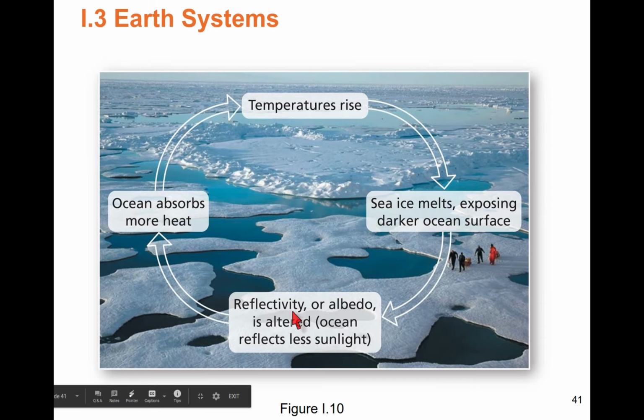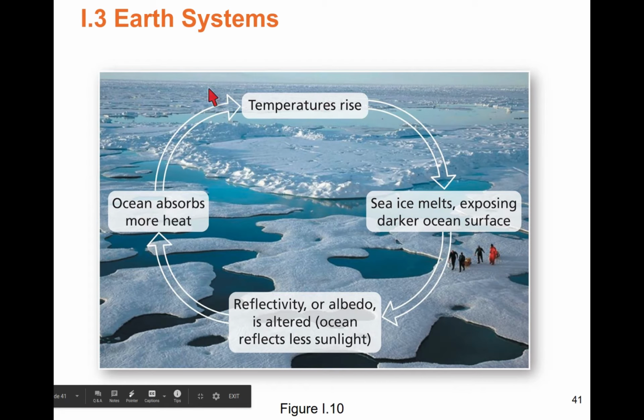Because now it's less reflective, the ocean absorbs heat, which increases the temperature, which melts the ice. So there's more water exposed, which absorbs heat, which makes temperatures rise, which melts the ice, which exposes more dark ocean, which then absorbs heat. So this is a positive feedback loop.